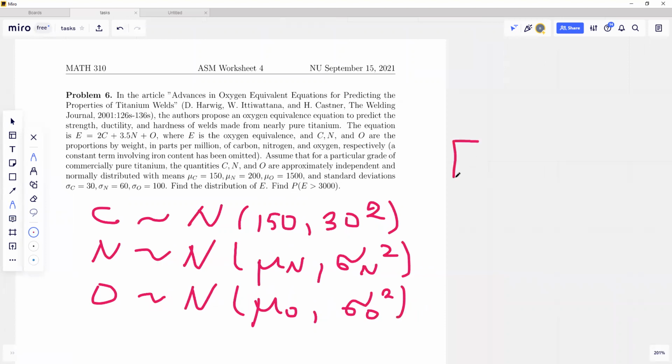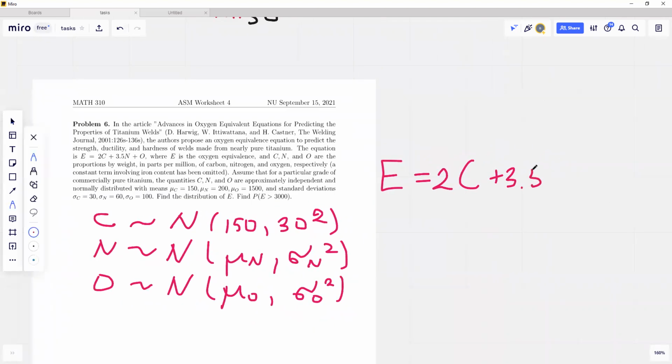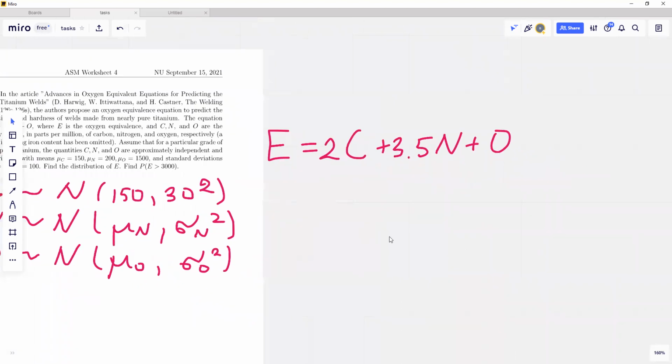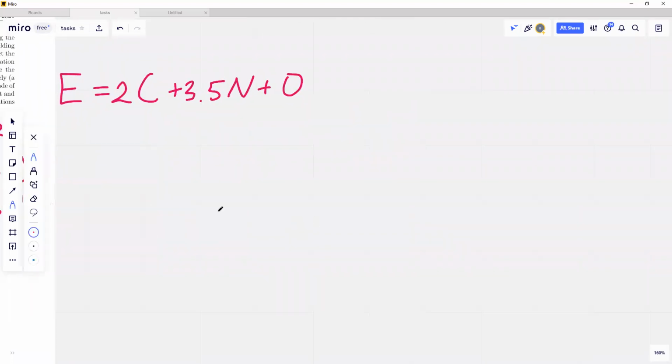So we need to find the distribution of E, which is equal to 2C plus 3.5N plus O. All right, guys, let's start by taking a look at the sum of two random variables that follow normal distributions.